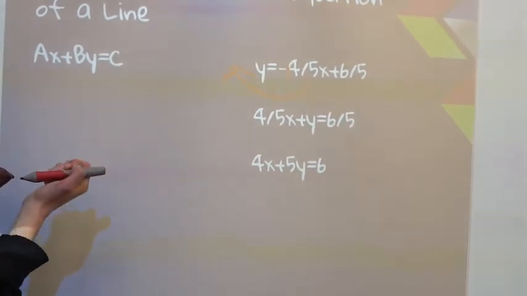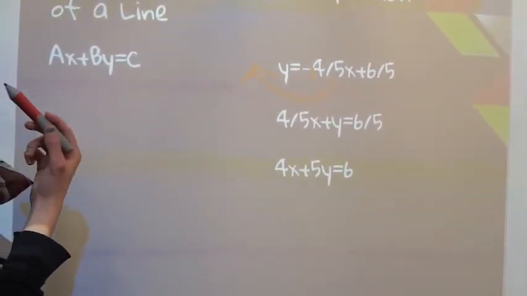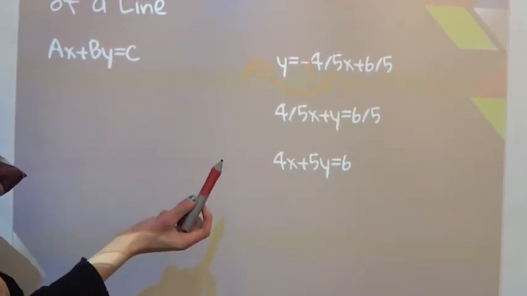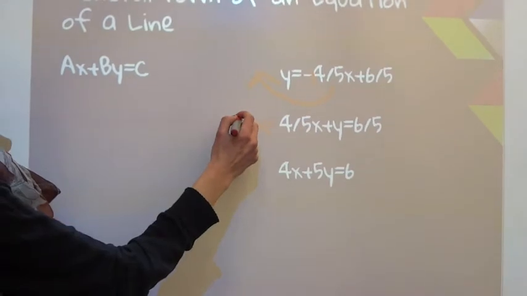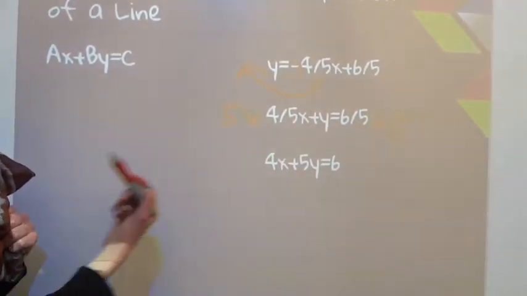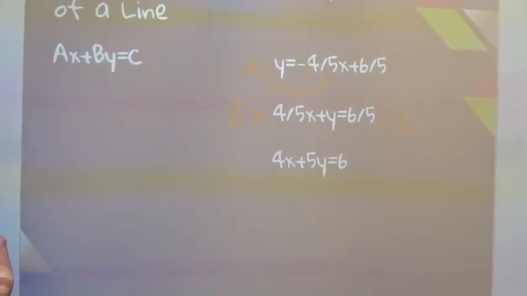Then we have 4/5 x plus y equals 6 over 5. To get them to be whole numbers instead of fractions, all we have to do is multiply each side by 5. So then you end up with 4x plus 5y equals 6.